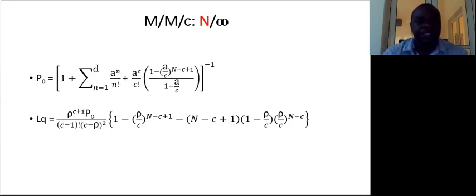Now, C represents the number of servers that we have on this queuing model, and A represents lambda over mu. Here, we are not using rho, because rho here will be lambda over mu c. Okay, we take note of that.